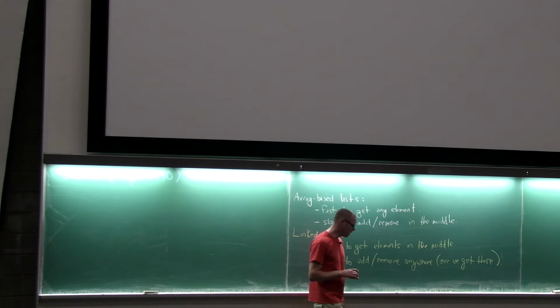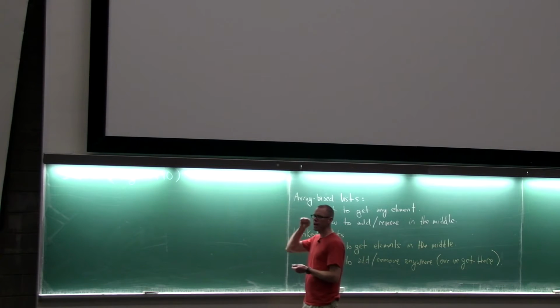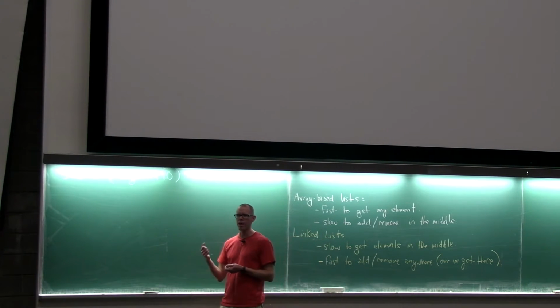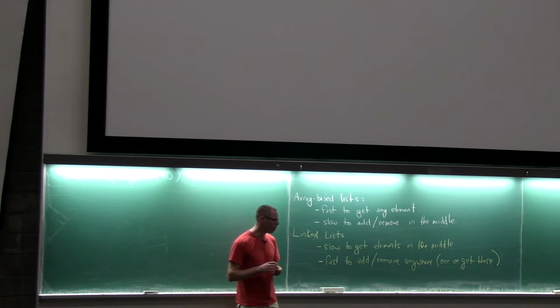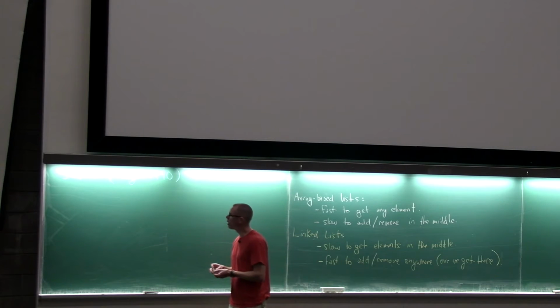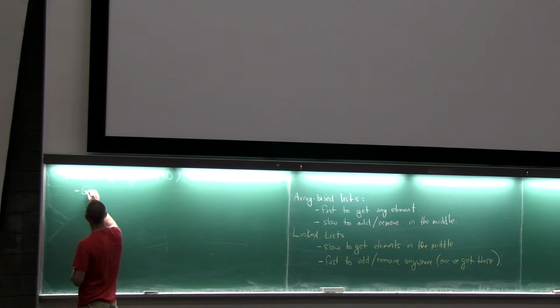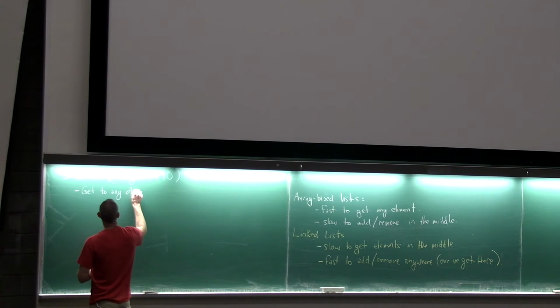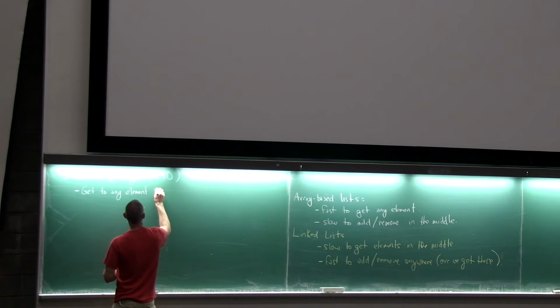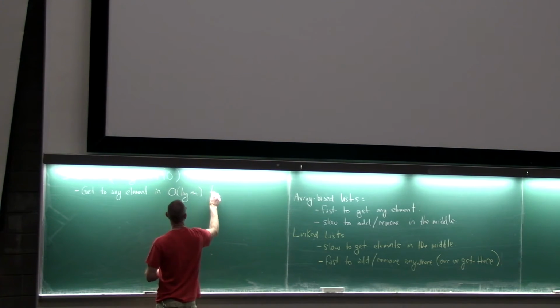And the idea is that there's a very good balance between the time it takes to get somewhere and the time it takes to add something. Both of these things are very, very fast. So what does it mean to be very, very fast? Basically, we can get to any element in O of log n time.